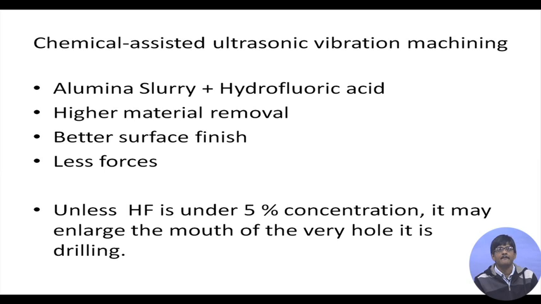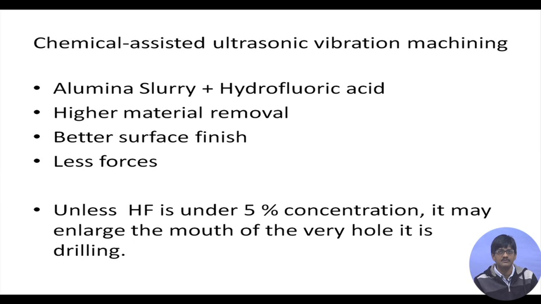So, what is the way in which this can be solved? One way of solving this is to use some acidic medium, which will chemically remove parts of the work surface which are not touched by the abrasive grits.